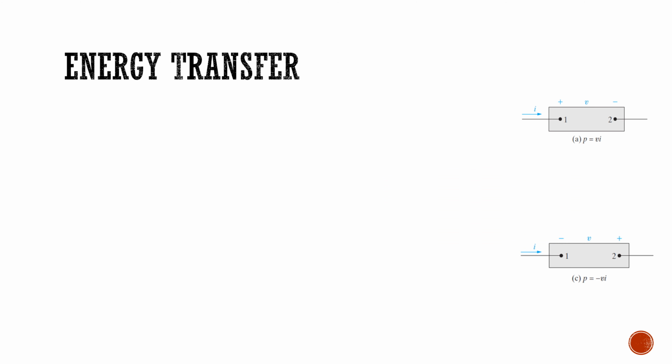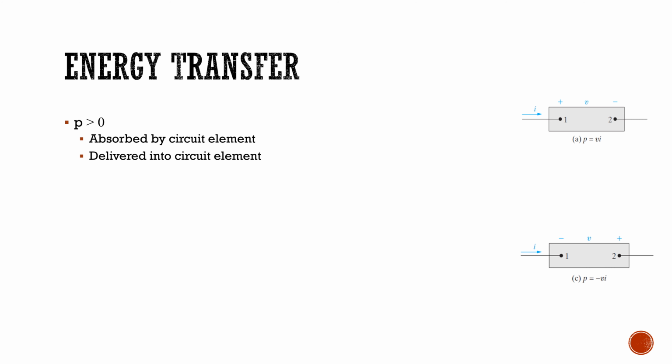We have to determine whether power is being delivered to the circuit element or extracted from it. This information comes from correctly applying and interpreting the passive sign convention. Power is positive when positive charges move through a drop in voltage and they lose energy.